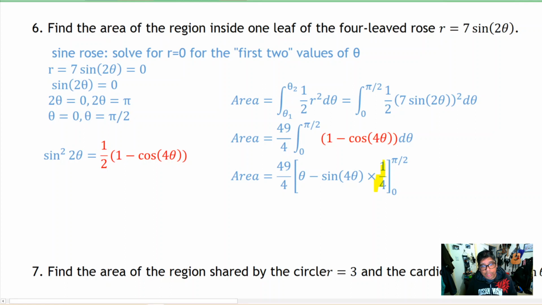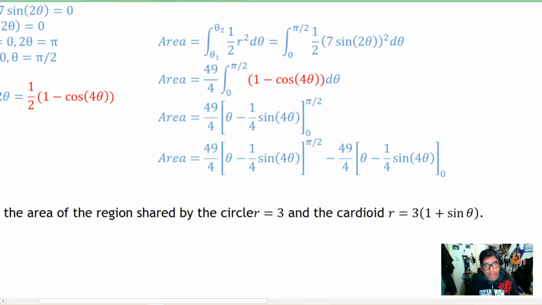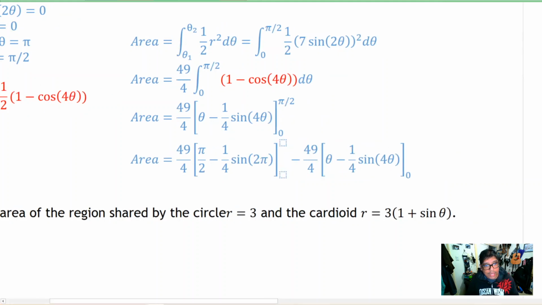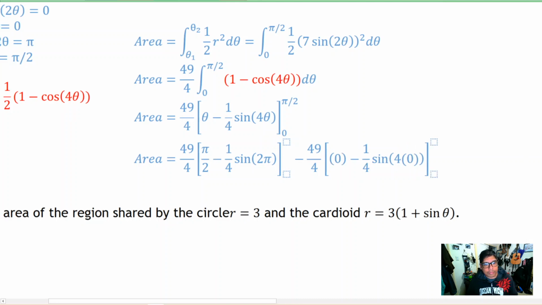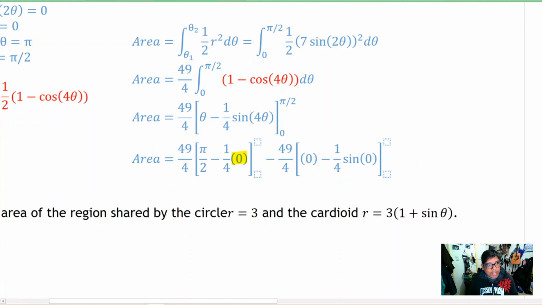Do a little bit of rearranging. And this is our antiderivative. Now we just need to substitute. Our first bracket gets a pi halves, and then our second bracket gets a 0. Sine of 2 pi is 0, and then of course sine of 0 is also 0.